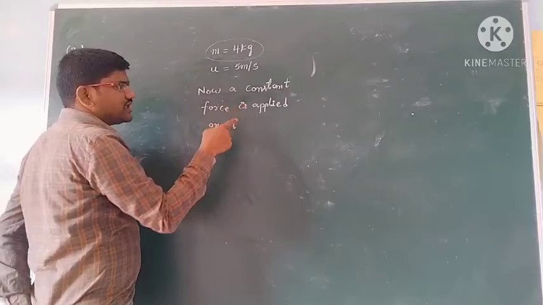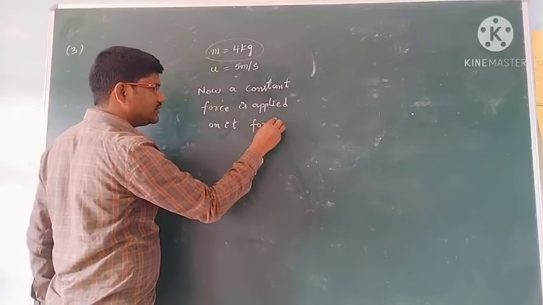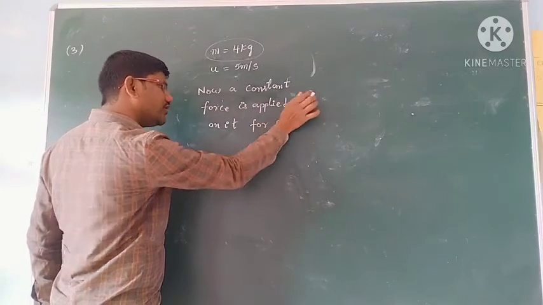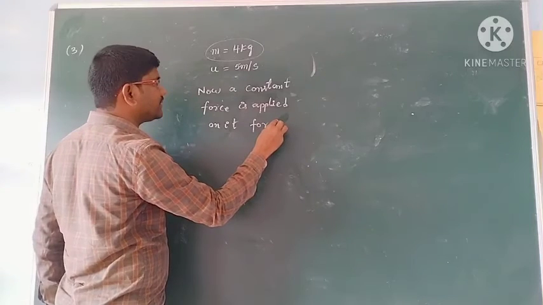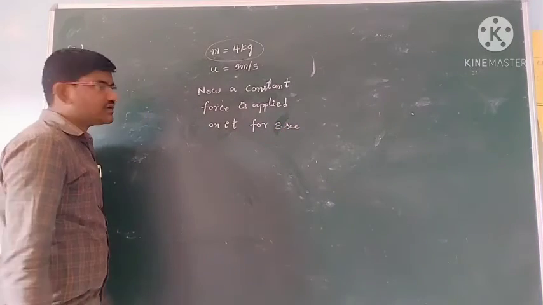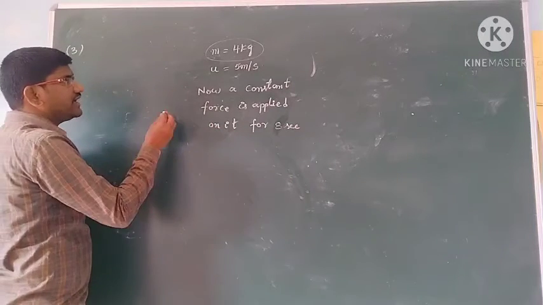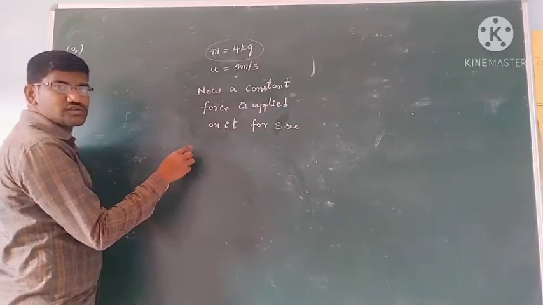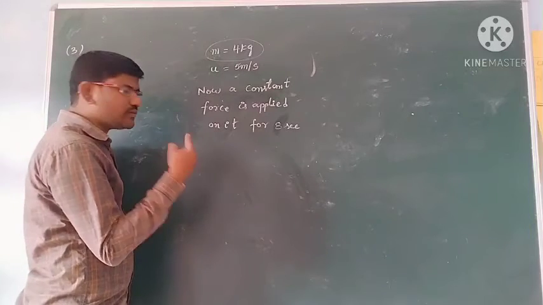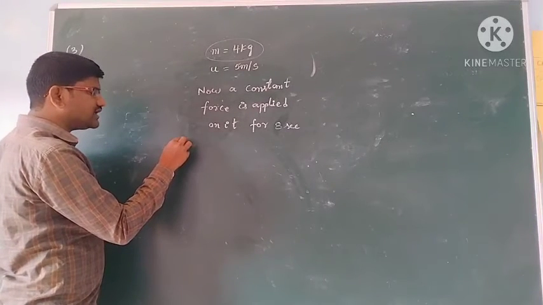Now a constant force is applied on it for some time, say 8 seconds. Okay, a constant force acts on it for 8 seconds. So this is also given data. So its velocity increases by some amount.